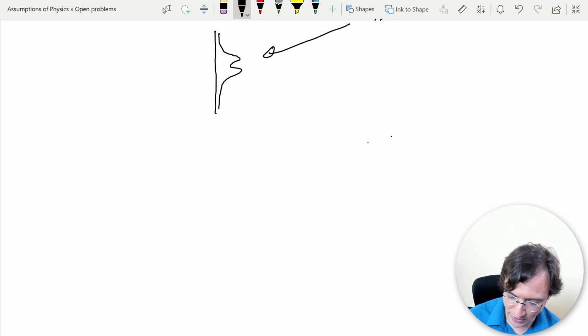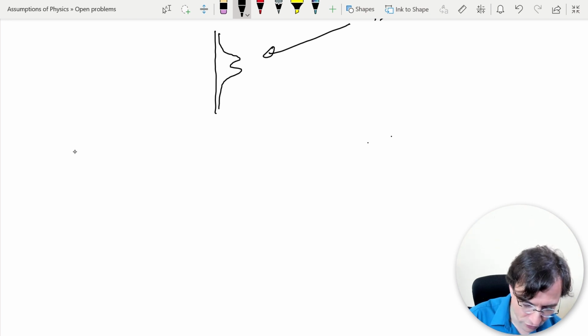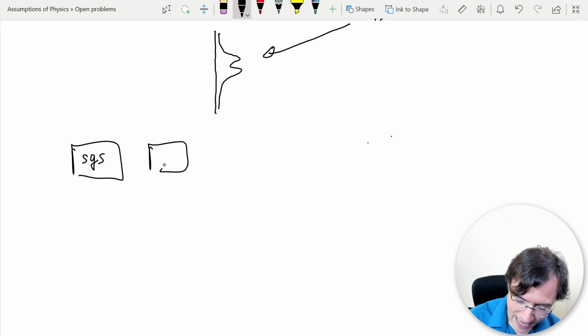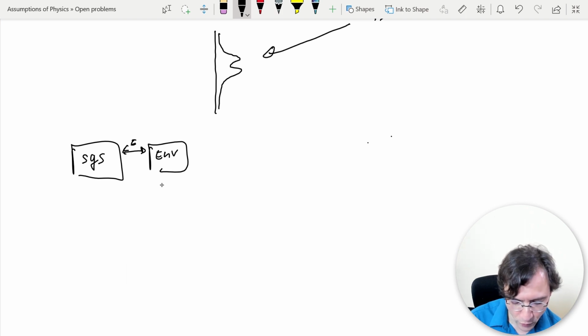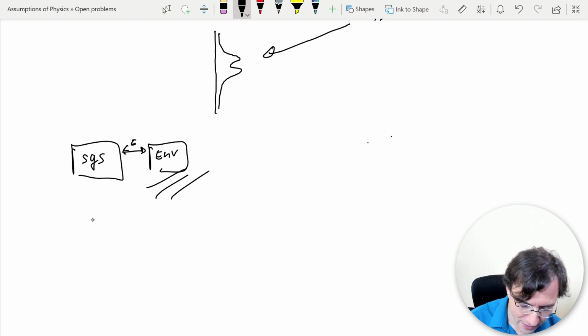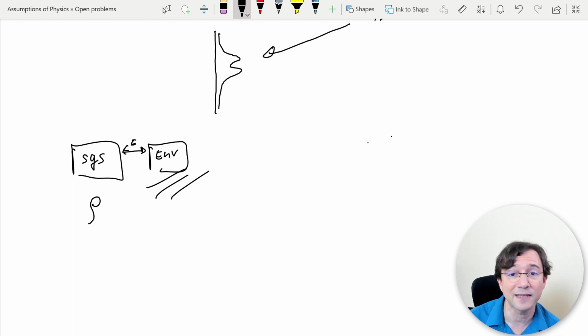So in decoherence, you really have two systems: the system, and then some kind of environment, ancillary, whatever you want to call it. Doesn't matter. You basically entangle these things, and then when you trace out the environment, you are left with a mixed state.